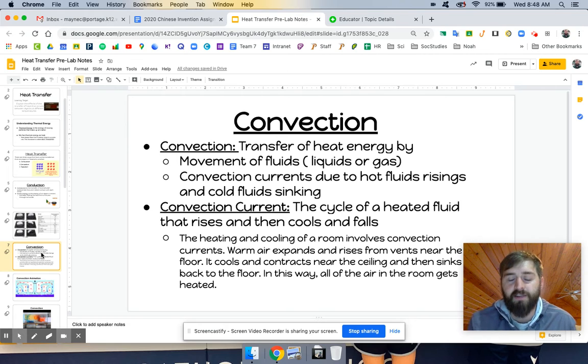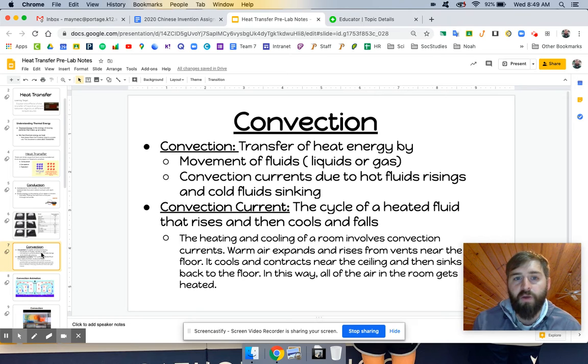Okay, anything that takes up the volume and the shape of a container will be considered a fluid, even though most of the time we think about fluids as liquids, fluids are liquids or gases. So thermal convection is when heat is transferred through liquids or gases.